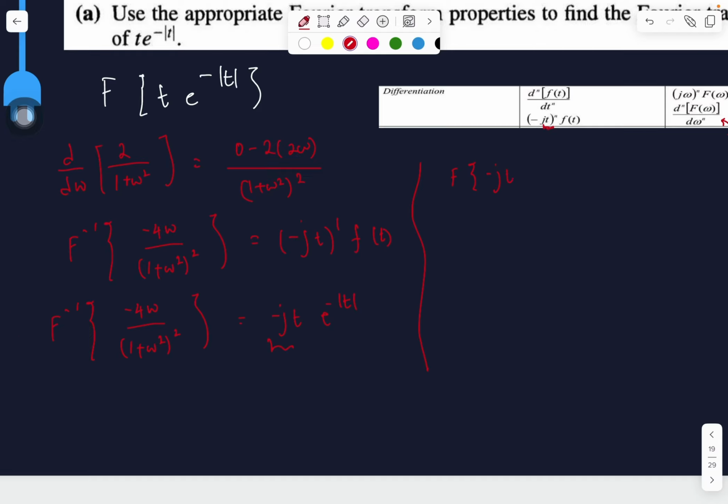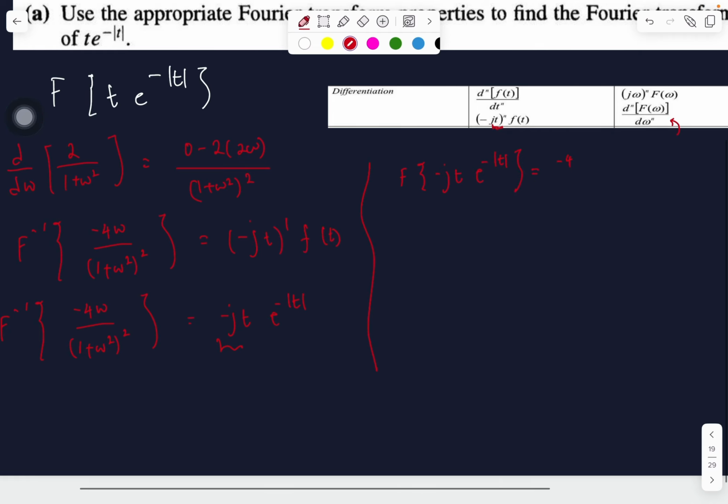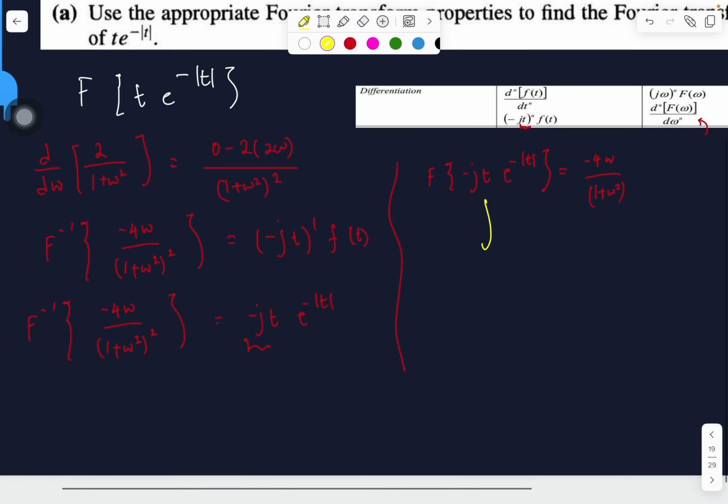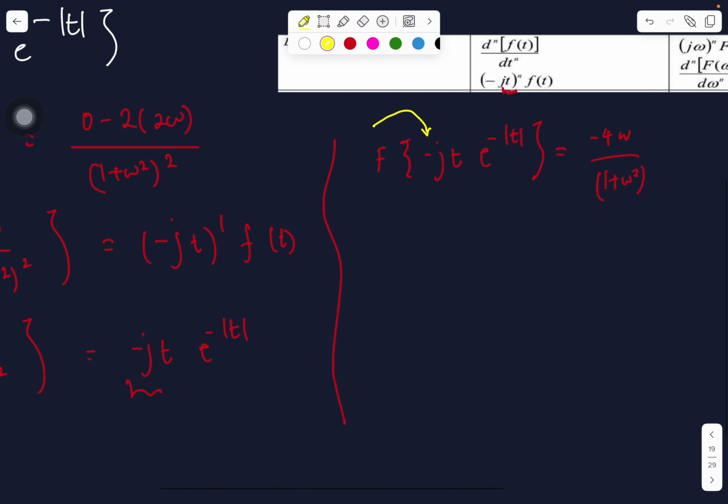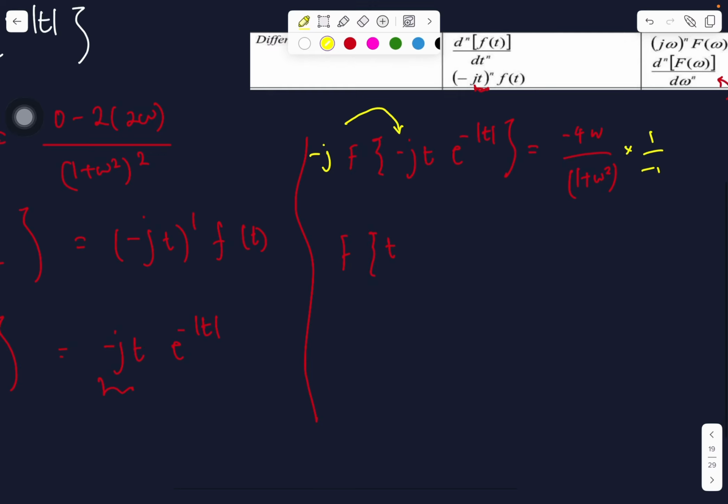Fourier transform of minus jt exponent, this is equal to negative 4 omega over (1 plus omega square) all square. كده ممكن ناخد ال negative j to the other side by linearity، لأنه هنا في تكامل وبرضه هنا كان في تكامل، من minus infinity to infinity حسب القانون يعني، فممكن نطلع ال minus j برا. So the Fourier transform of t exponent, بعد ما نطلع ال minus j برا، ممكن نعمل 1 over minus j هنا.